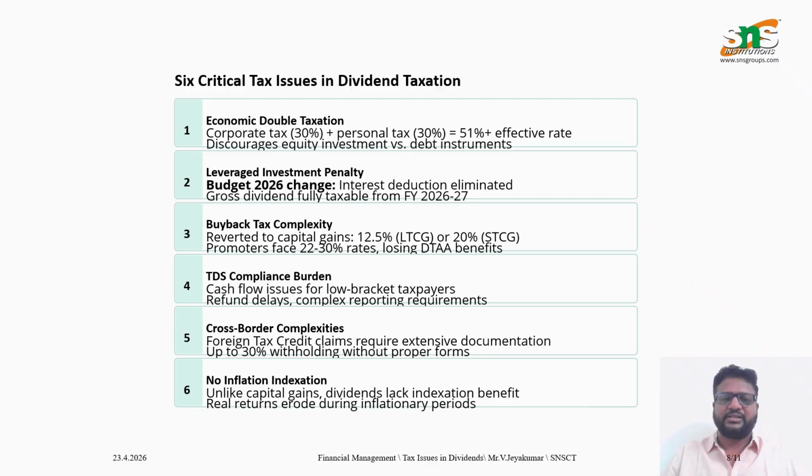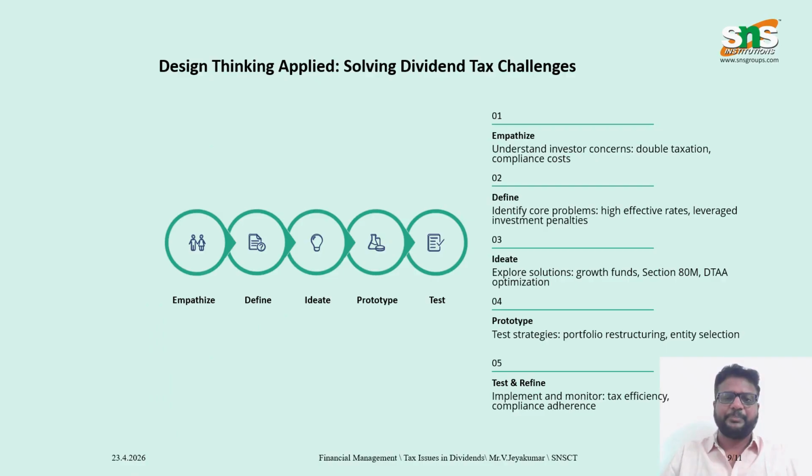Different tax rates for resident and non-resident investors create compliance complexities. Frequent changes in tax laws may increase uncertainty for companies and investors. International investors may face cross-border taxation and treaty-related challenges. Proper reporting of dividend income is essential to avoid penalties and ensure tax compliance.